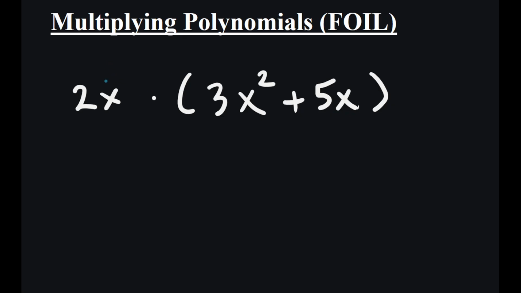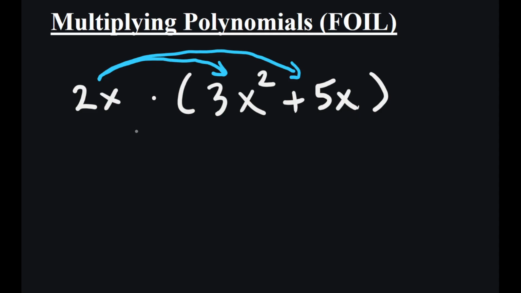We could actually use the distributive rule. We could distribute this 2x to the 3x squared, the first term, and this 2x to the 5x, the second term. So let's go ahead and do that.